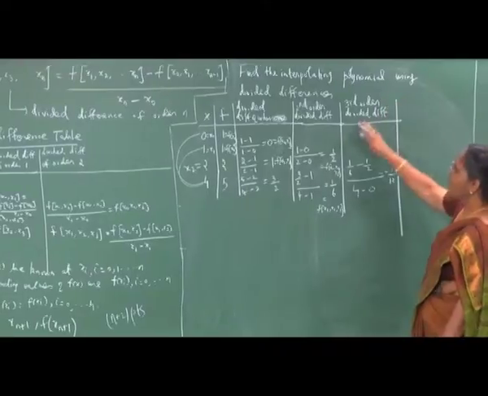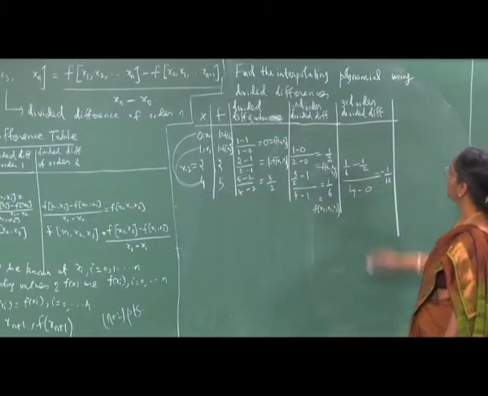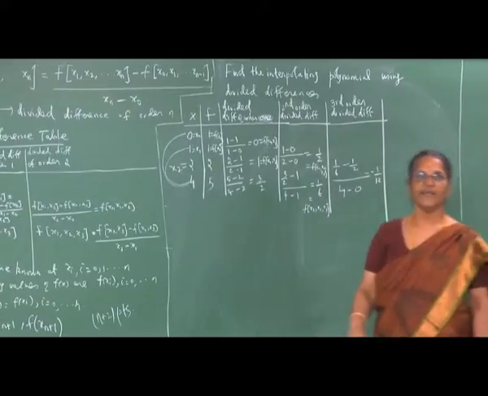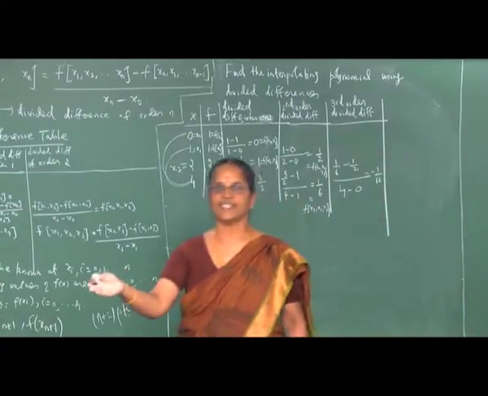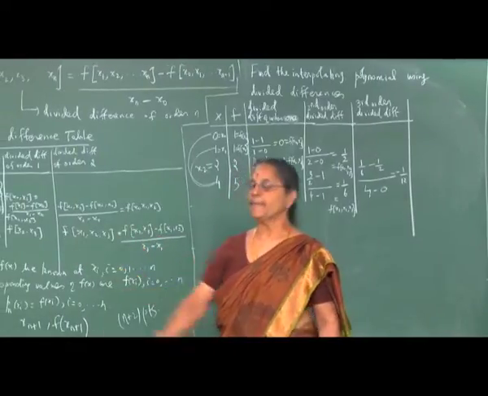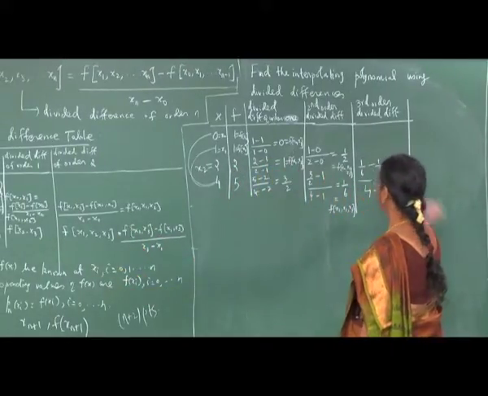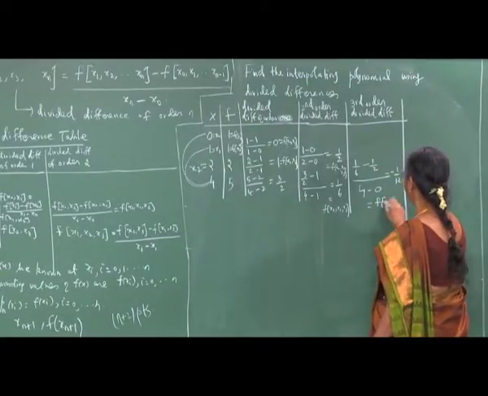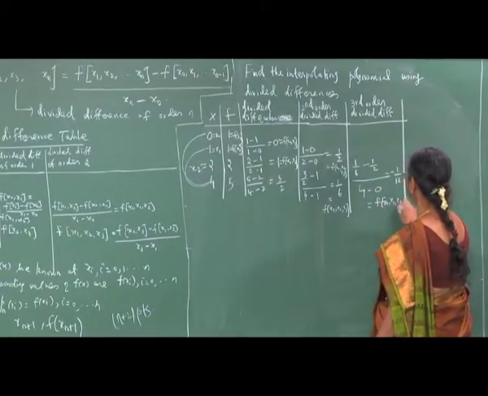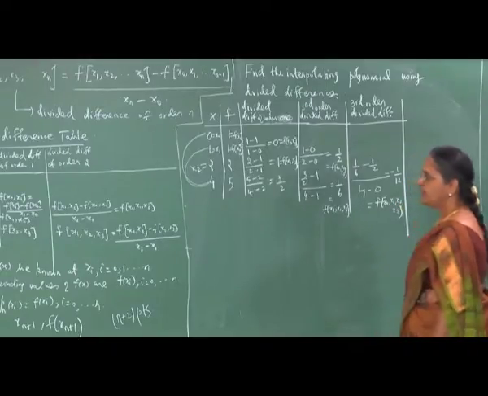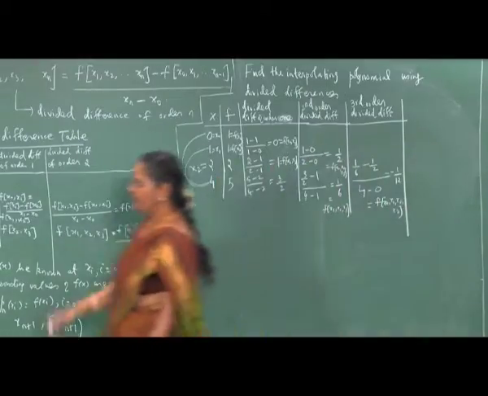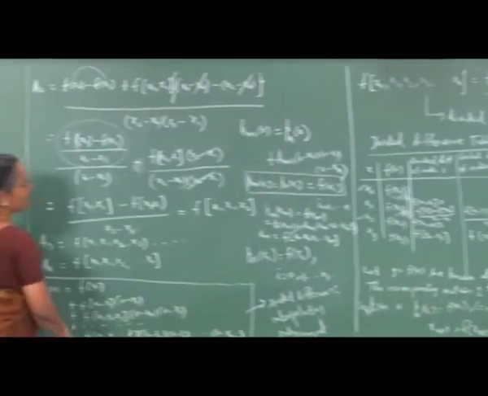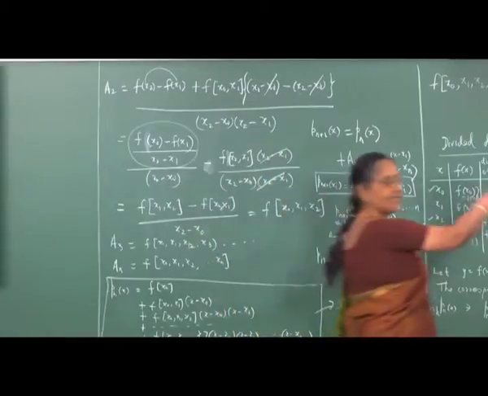So, given information at 4 distinct points, the third order divided difference is constant, and the divided differences of order beyond 3 will all be 0. And how do you denote this? This is f of x naught, x1, x2, x3. So, we use this information in seeking a polynomial of degree 3.